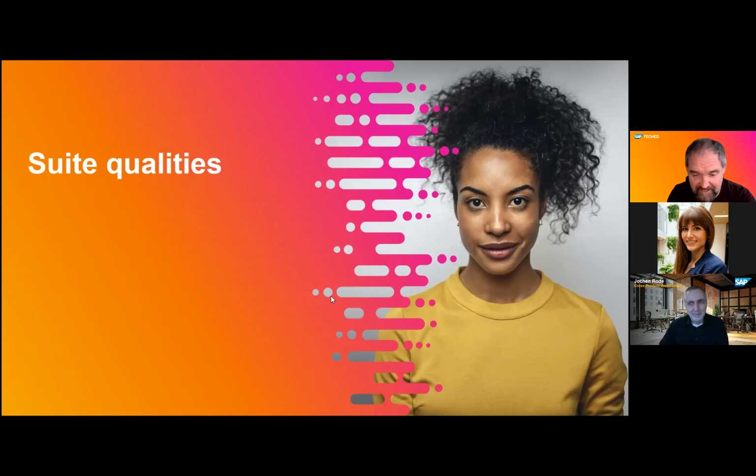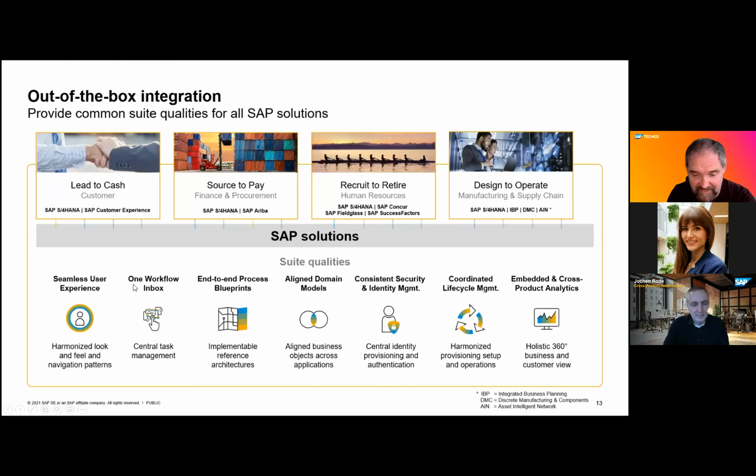Suite qualities. All right, folks. Then again, here is another slide trying to depict how the suite qualities fit into the different business processes. And there are 4 of them actually, more to come. That's not the end of the story. Also, always important to tell you that this is some kind of a snapshot. Things are always evolving.